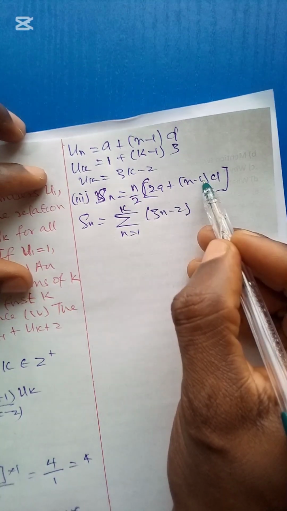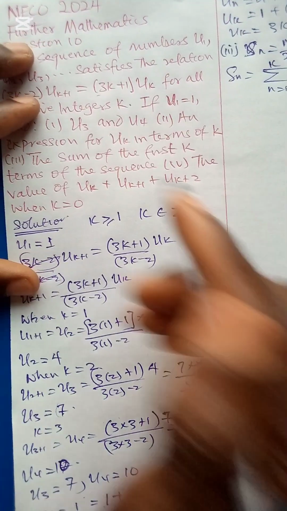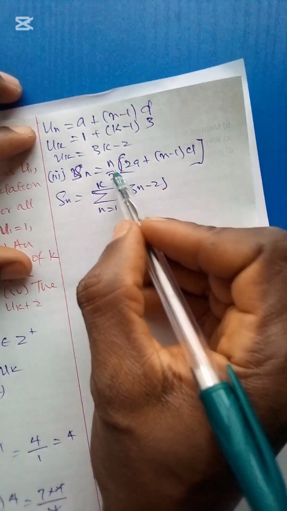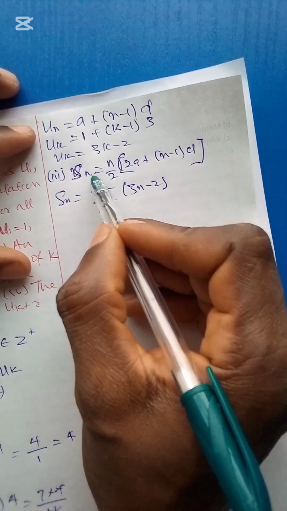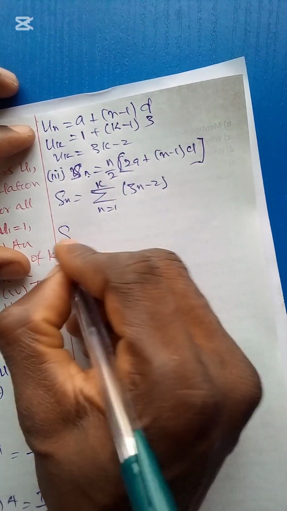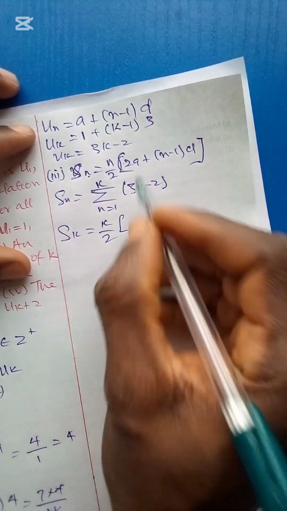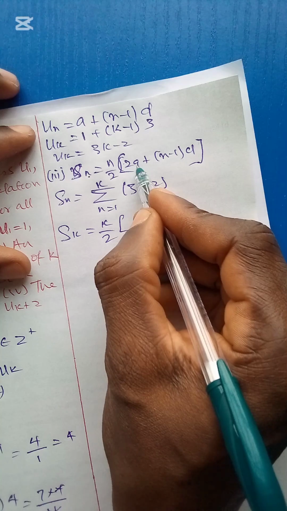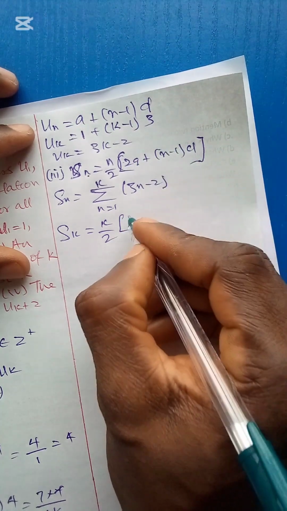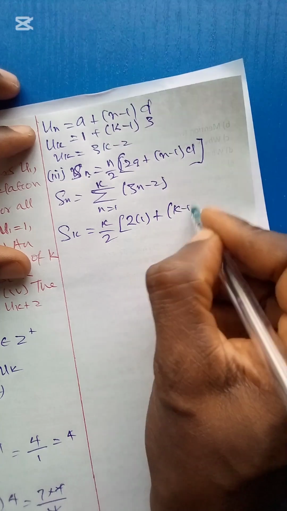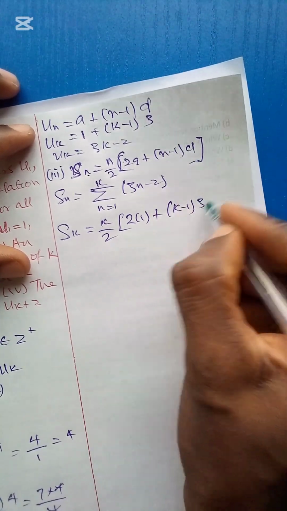Well, I'm going to use this one to find the third part, that is the sum of the first k terms of the sequence. Simply by substituting the value of k for n, that becomes Sk is equal to k over 2, and our a is 1. Remember that U1, that's the first term, is 1. So 2 times 1 plus k minus 1 times d, which is 3.